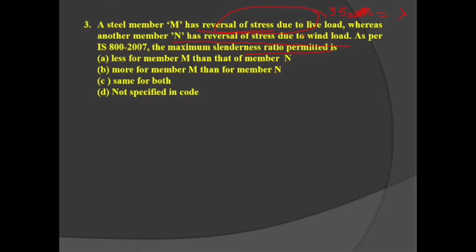And due to wind load, the value is lambda equal to 180. Lambda is a non-dimensional parameter. So the slenderness ratio is less for member N and more for member M. That is the comparison of the slenderness ratio.